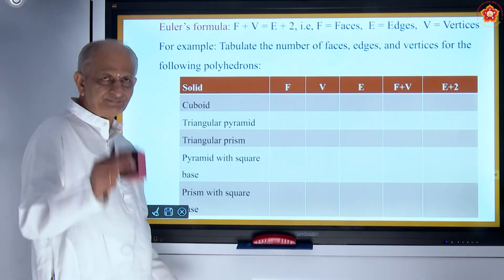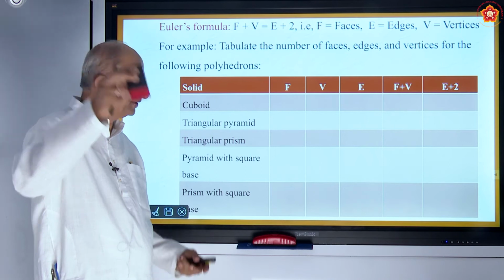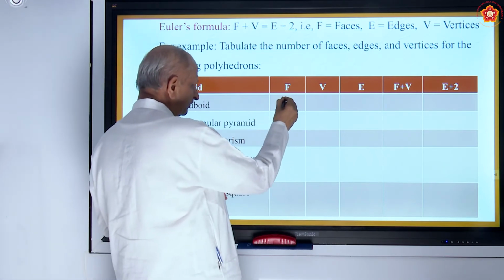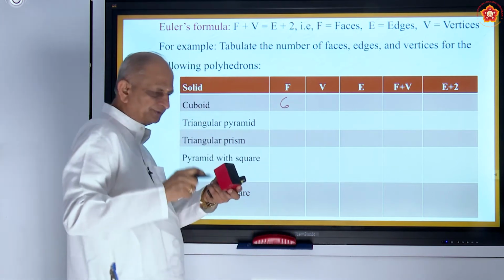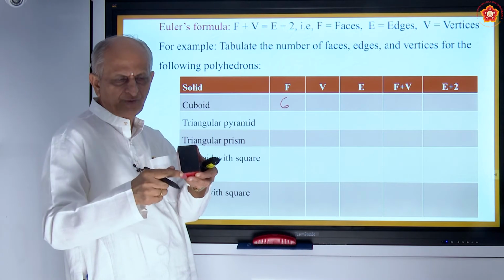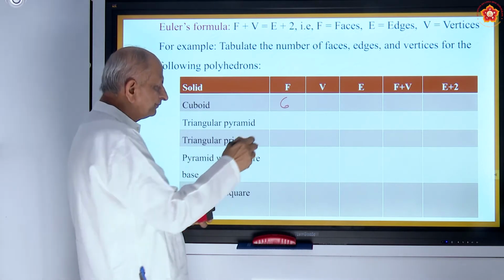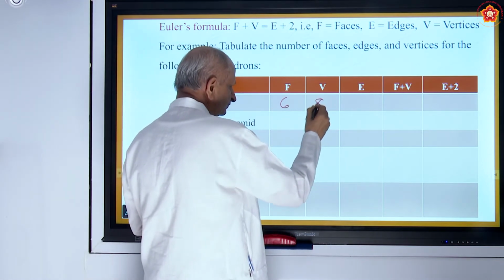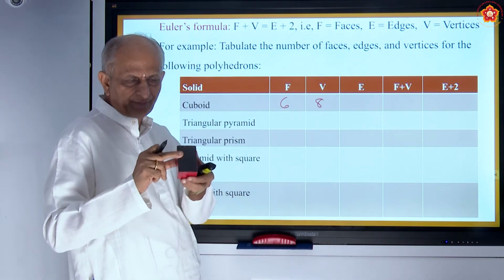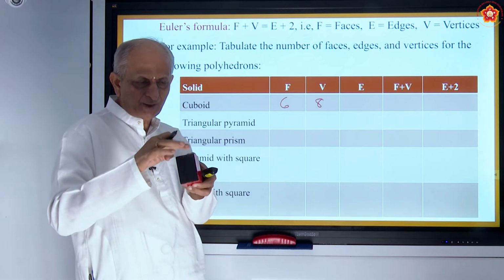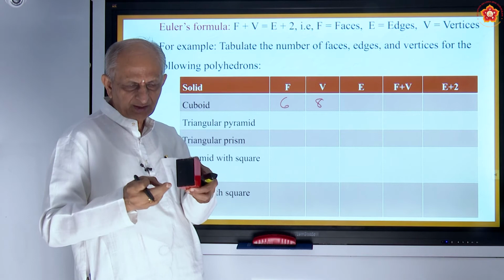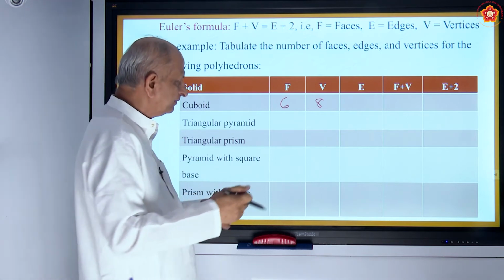So, first one, cuboid. Just now you referred. How many faces? 6 faces. How many vertices? See, these are called vertices. 1, 2, 3, 4, 5, 6, 7, 8. How many edges? That you did not count at all. Directly you can do. If you want, you count once again. 1, 2, 3, 4, 5, 6, 7, 8, 9, 10, 11, 12.